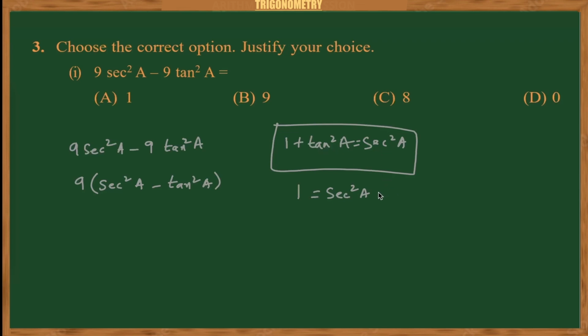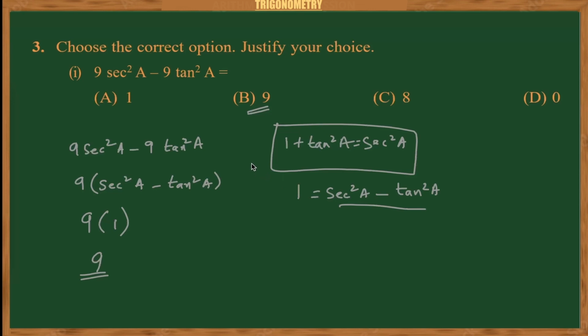Then this tan, if you bring it toward this side, it becomes minus tan square A. So we can correlate this with this particular one and replace, so its value will be 1. So 9 into 1 by using this formula becomes 9. So the answer is B, 9.